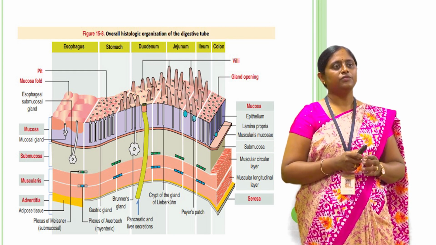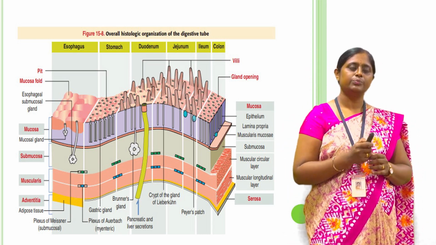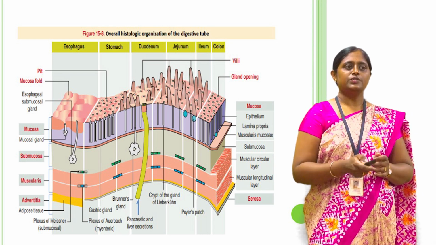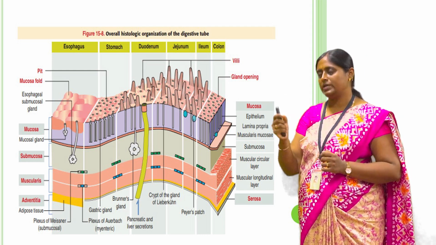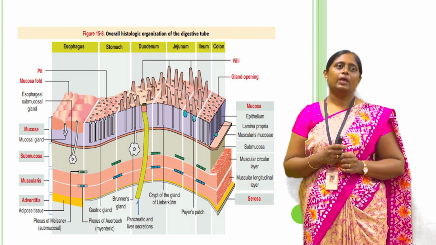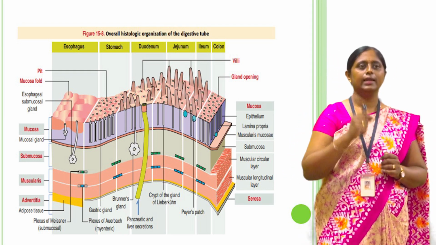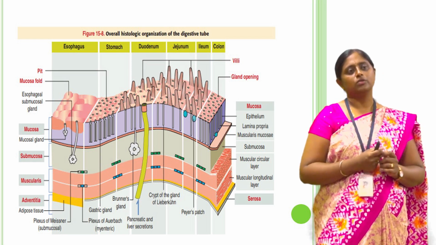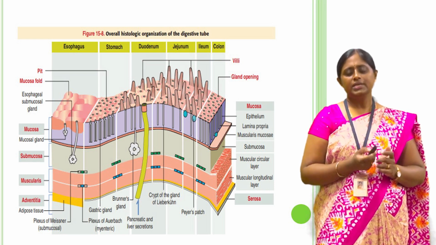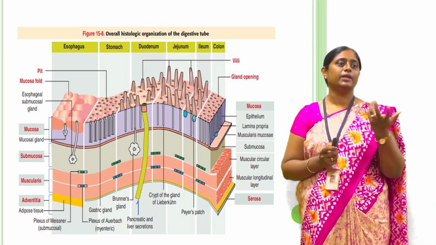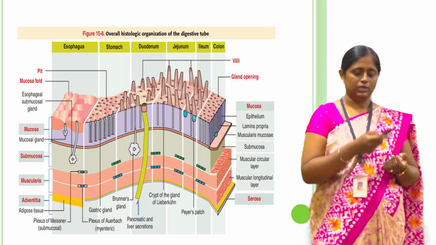In the esophagus, we are unable to see any gastric pits, but in the stomach, the gastric pits are predominant. In the small intestine, we can see the presence of the intestinal villi. And in the large intestinal region, we can again see glands which open similarly to the gastric pits. And we can also see the presence of plexus. These plexus are nothing but the arrangement or network of the blood vessels seen in different regions of the gastrointestinal tract.